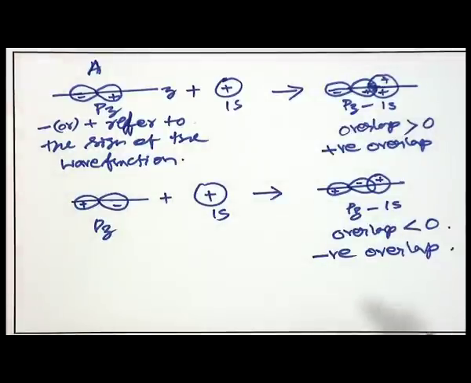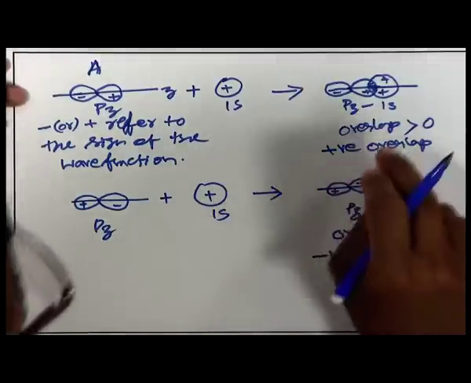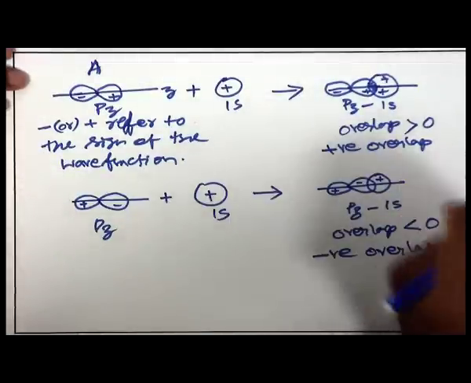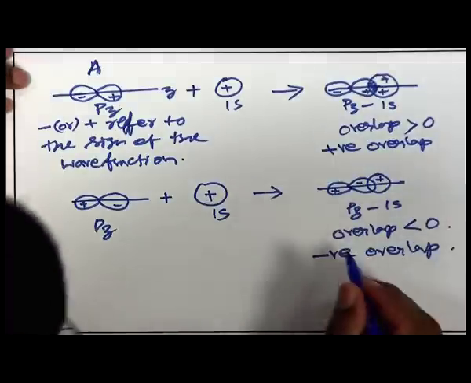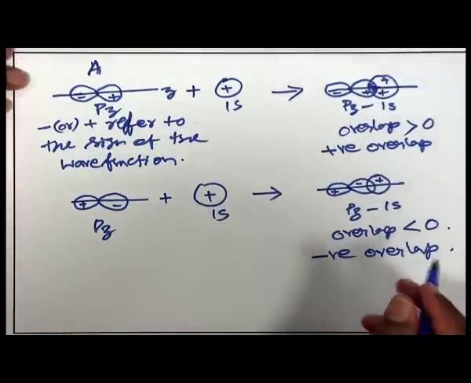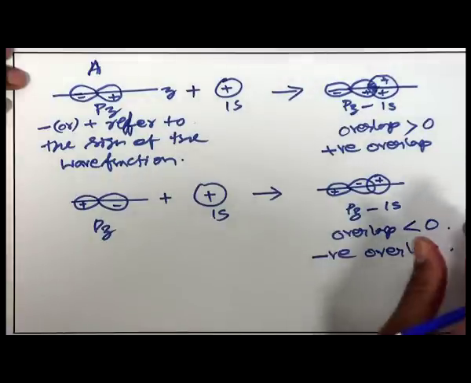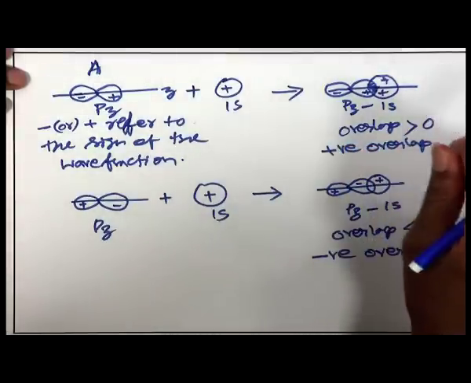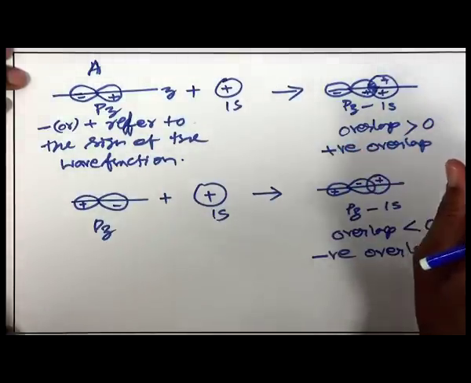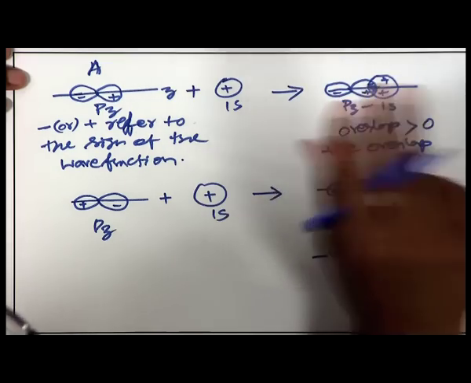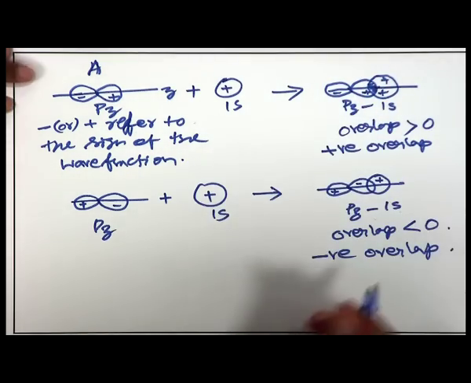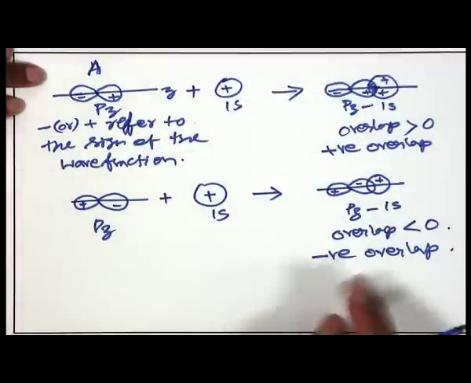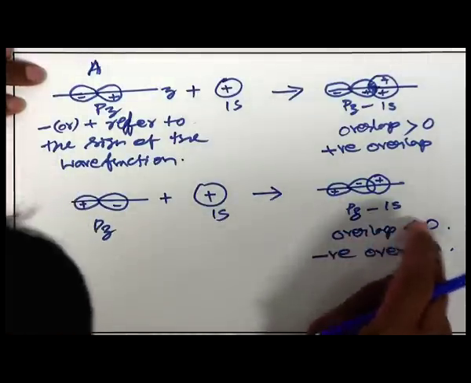Which overlap will give you bonding? Only positive overlap will give a bond formation between two atoms. Negative overlap will give a situation where there is a reduction in electron density between the two nuclei. As a result, nuclear repulsion will be there, and there will be no bond formation in this case, because the overlap integral is less than 0.